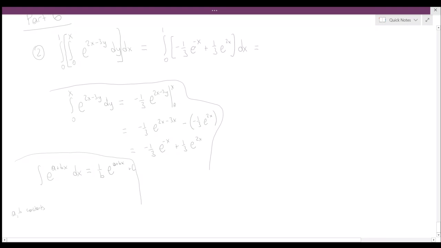To integrate e to the -x, we'll divide by -1 to make it positive, and then copy down the exponential. For this one, we're going to divide by 2, so it's going to be 1/6, and then e to the 2x again. We're going to plug in 0 and 1.